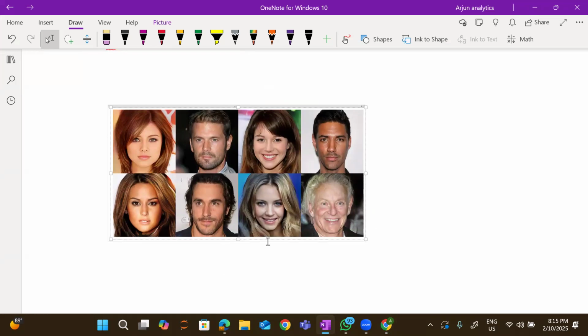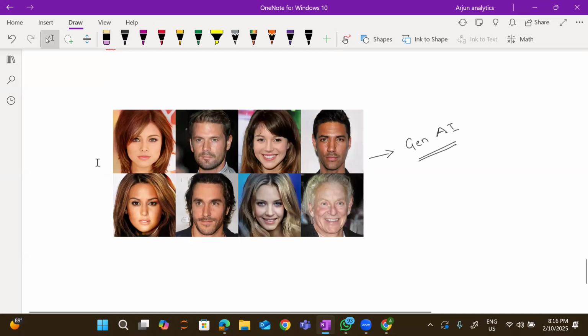See, the speciality of these images is that these people never existed. They are generated by generative AI. These people are not existing, they are not alive. They were never born. So these images are generated by using Gen AI.